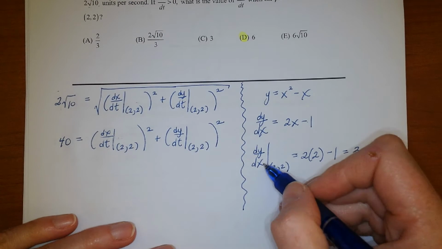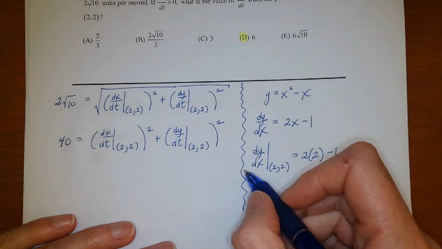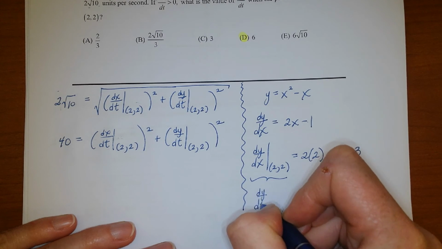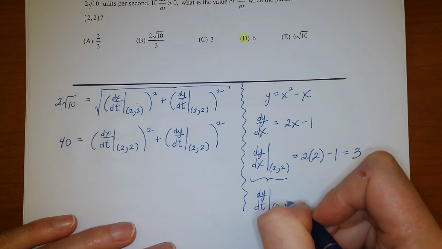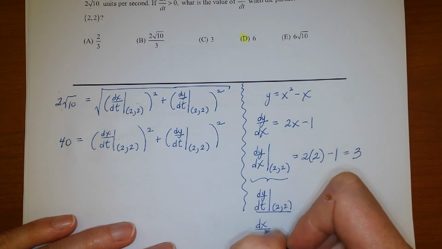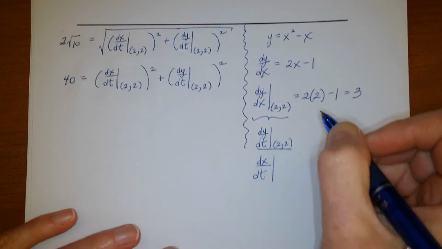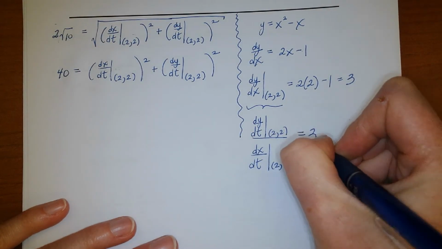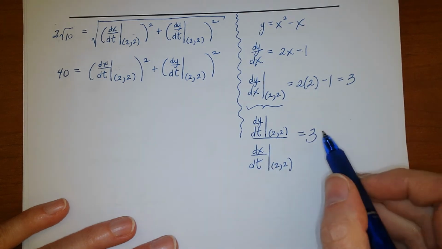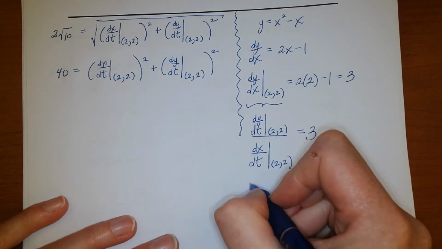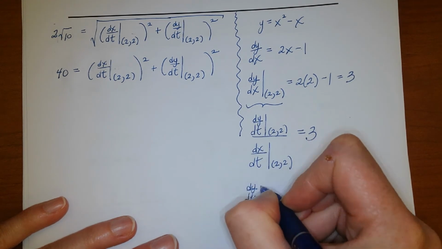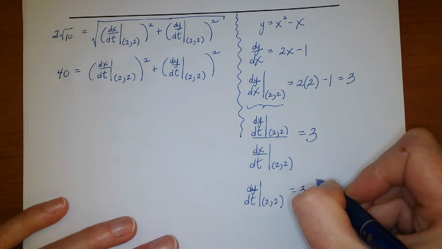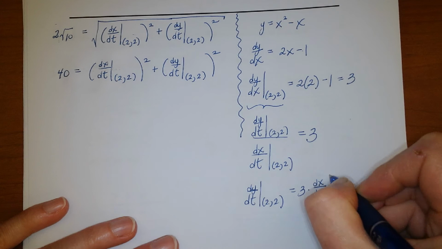Then if dy/dx at (2, 2) is 3, I could redefine dy/dx as dy/dt at that point over dx/dt at that point. So that is 3, and I could multiply both sides by dx/dt to isolate dy/dt. So dy/dt at (2, 2) is 3 times dx/dt at (2, 2).